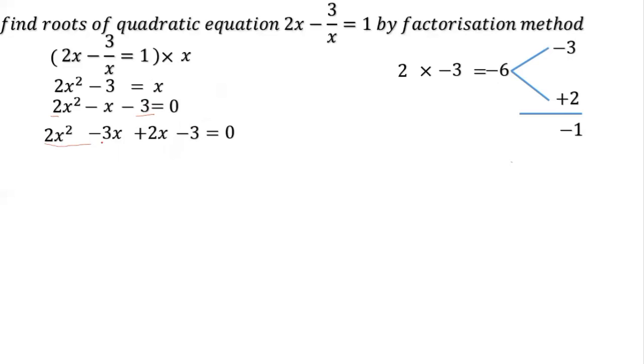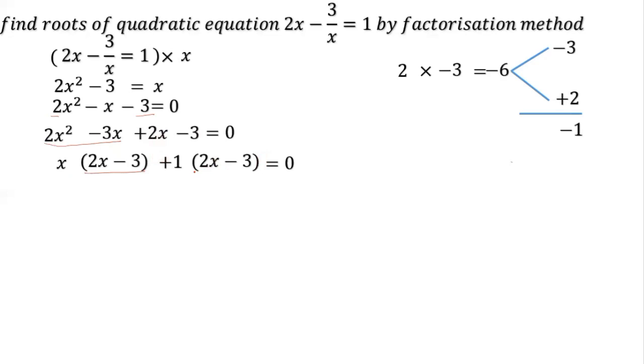Now group the first two terms together, and the third and fourth together. In the first two terms x is common, so take it outside, the remaining is 2x minus 3. In the third and fourth terms nothing is common, so take the common factor 1 outside, the remaining is 2x minus 3, is equal to 0.